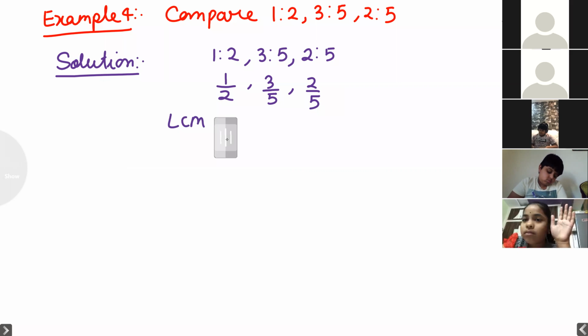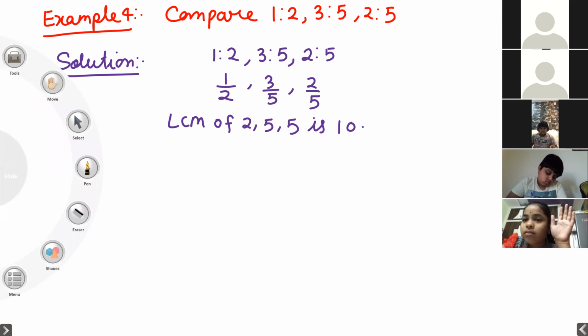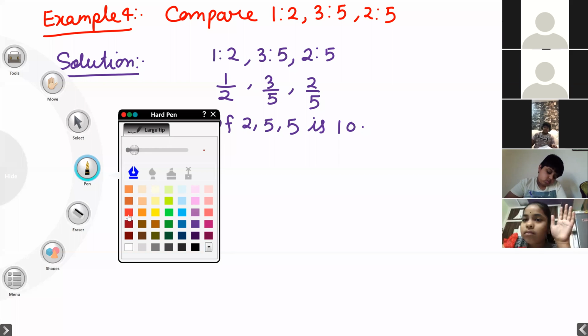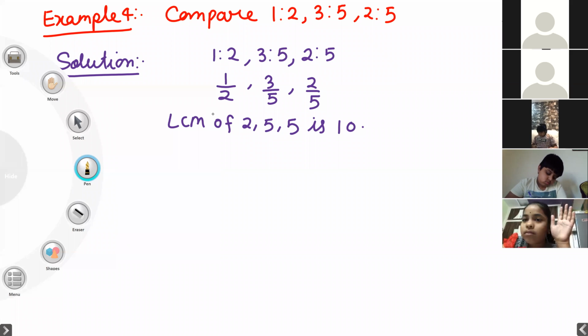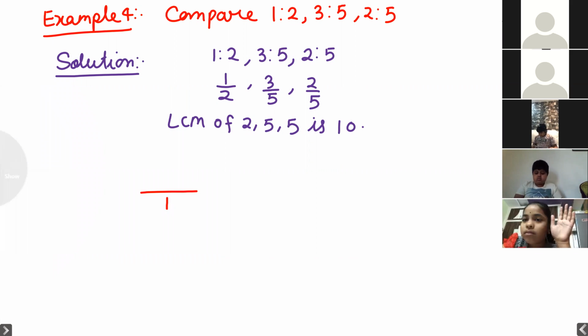LCM is equal to LCM of 2 comma 5 comma 5 is 10. How many fractions are there? There are 3 fractions. Divide by 10, comma, divide by 10, comma, divide by 10.